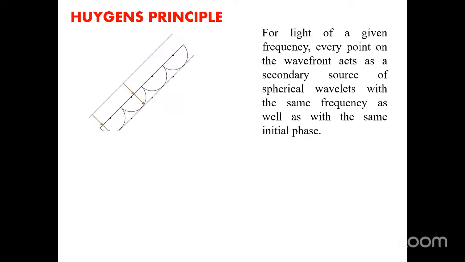Next is the Huygens principle. Yesterday we discussed the Huygens wave theory. Newton's corpuscular theory failed to explain interference, diffraction, polarization, all these things. But it successfully explained the phenomena of reflection, refraction, rectilinear propagation of light.